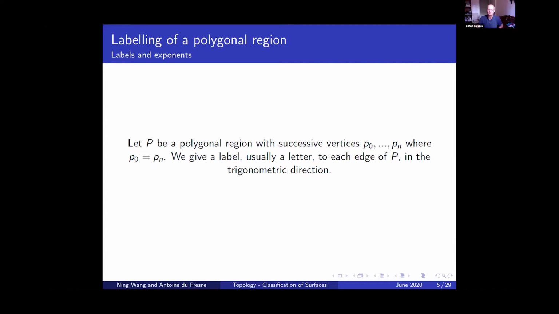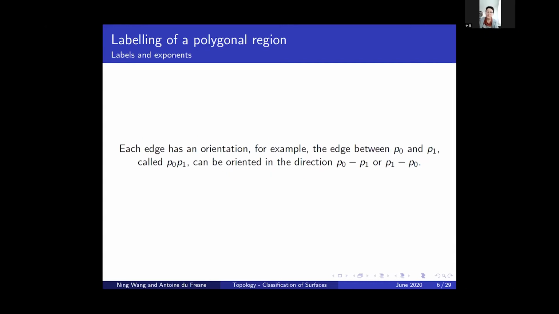Okay, so each label has an orientation. For example, the edge named P0, P1 can take the normal direction. That means the direction of the trigonometric direction of naming the vertices, so from P0 to P1 in this case, but it can also take the inverse orientation.